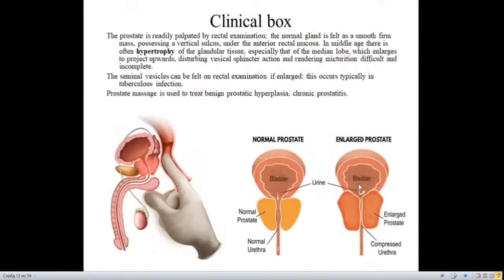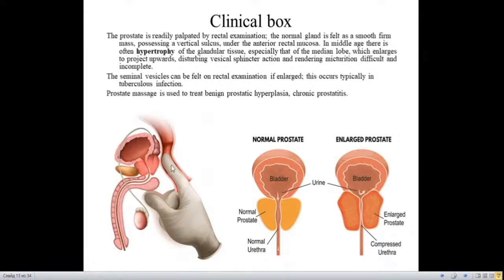And some clinical points related to what I said above. The prostate gland and seminal vesicles, due to their topographical relation with the rectum, can be palpated by rectal examination. Look at this left picture.